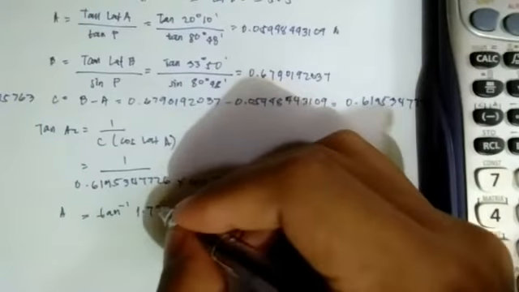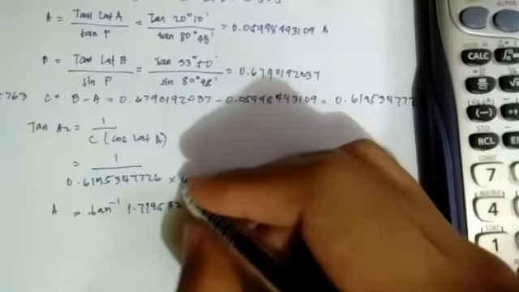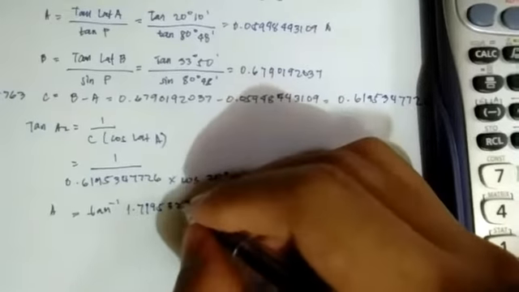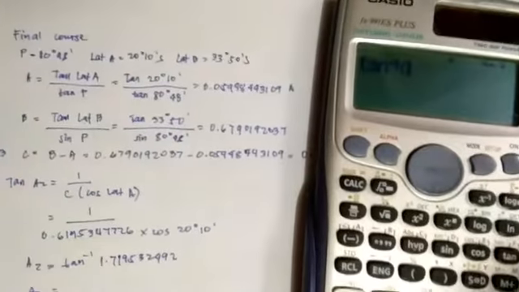So we will get 1.71953232492. And next, to finally get the degrees of our final course, we inverse tan of the answer.